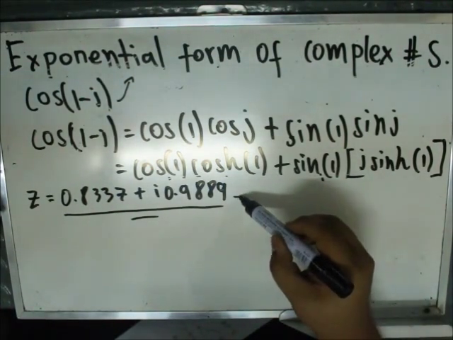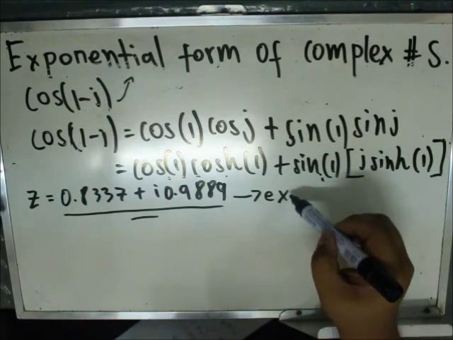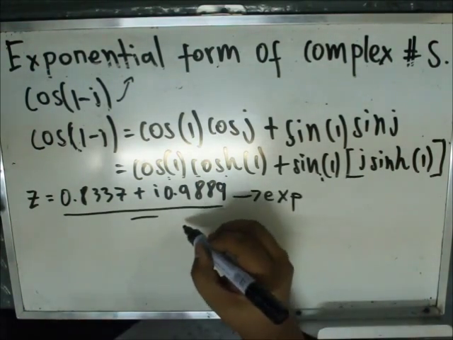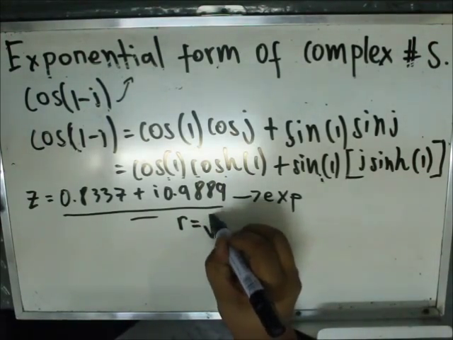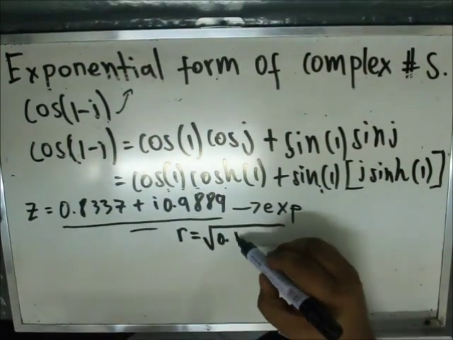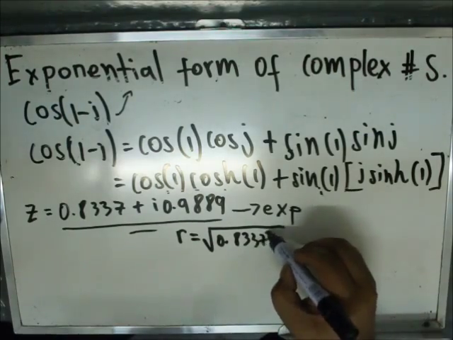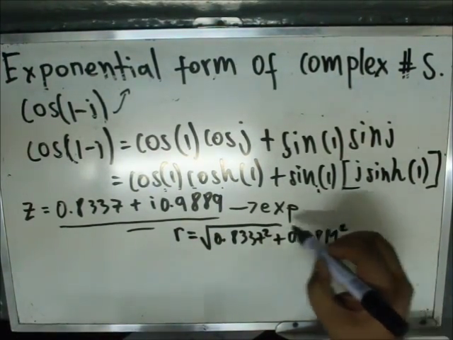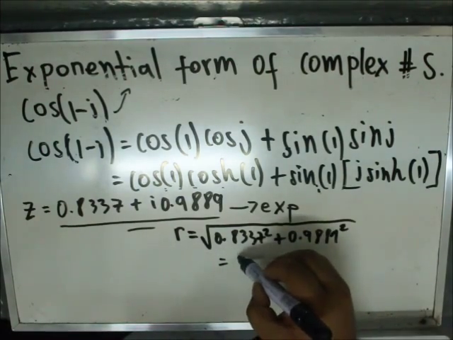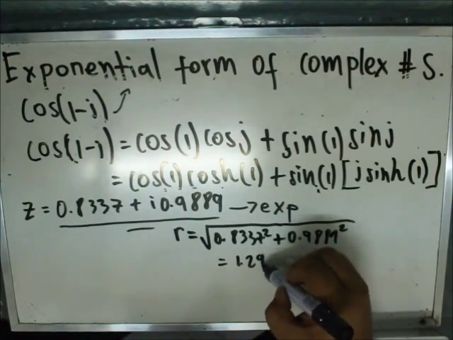To express this in exponential form, we need to get r and theta. r will be equal to the square root of 0.8337 squared plus 0.9889 squared, which gives r equals 1.29.